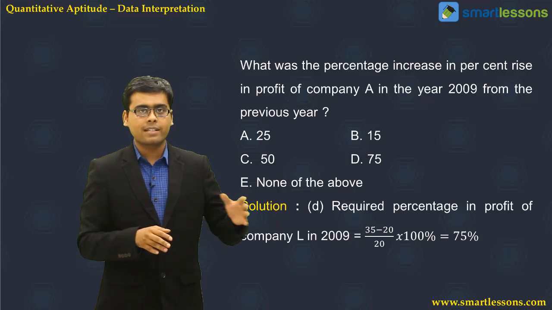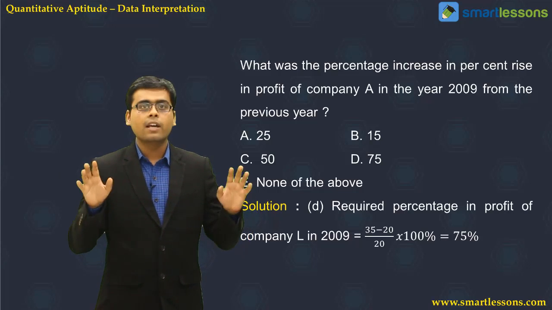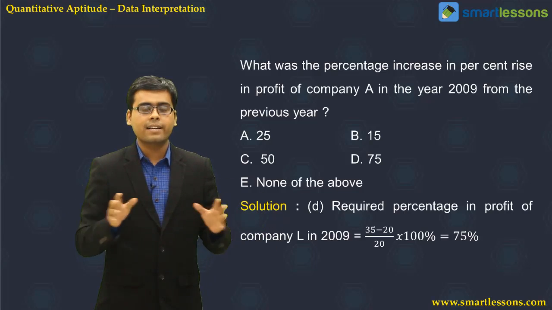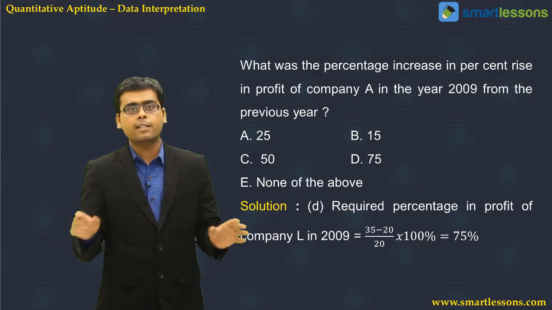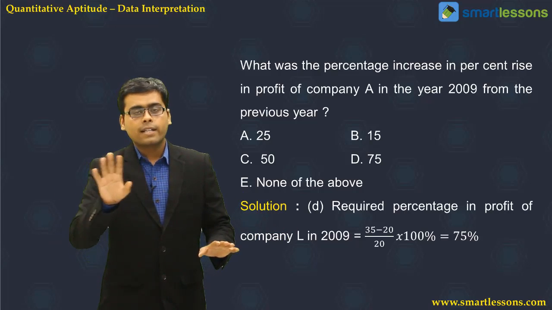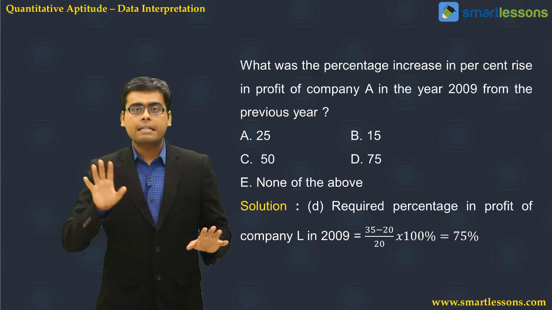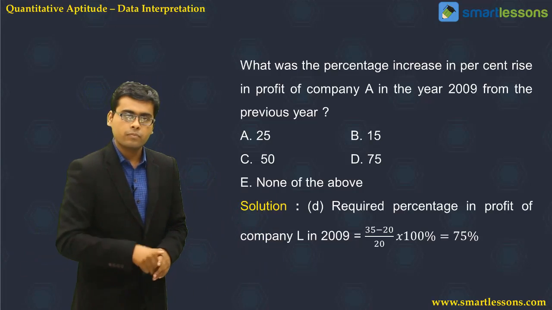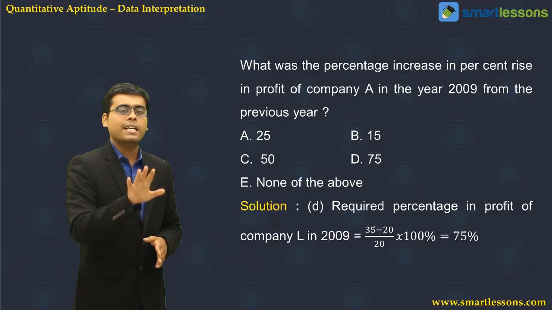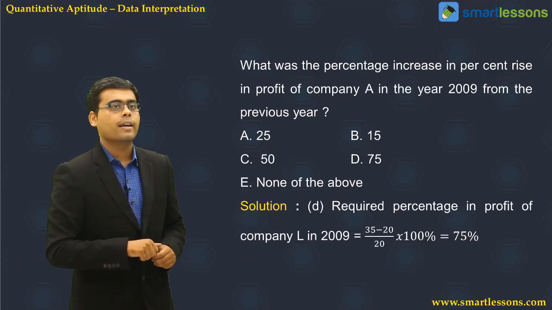So the increment is 35 minus 20, that is 15. So the percentage increase in profit is 35 minus 20 by 20 into 100. So that is 75%. So that means option D is the correct option.